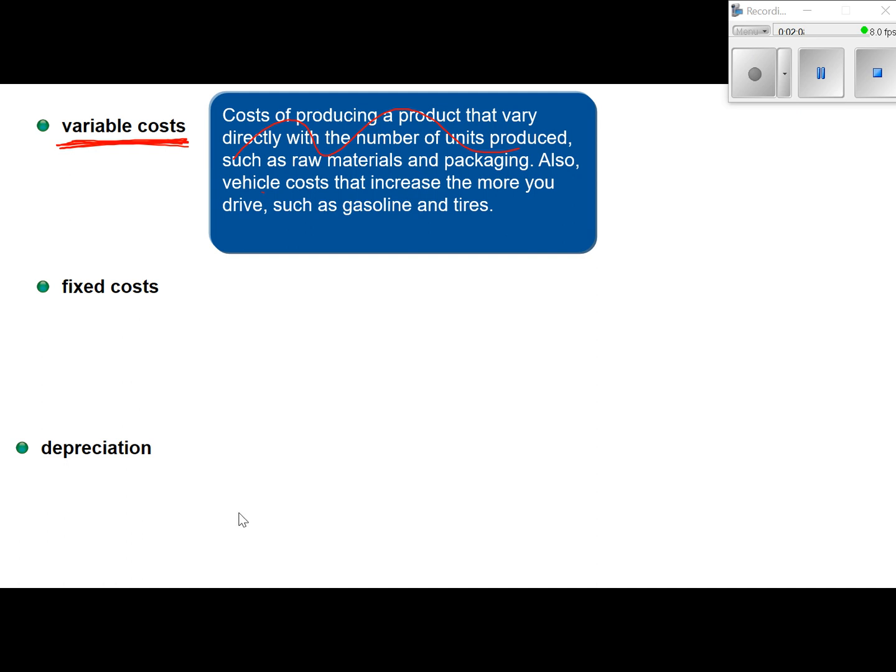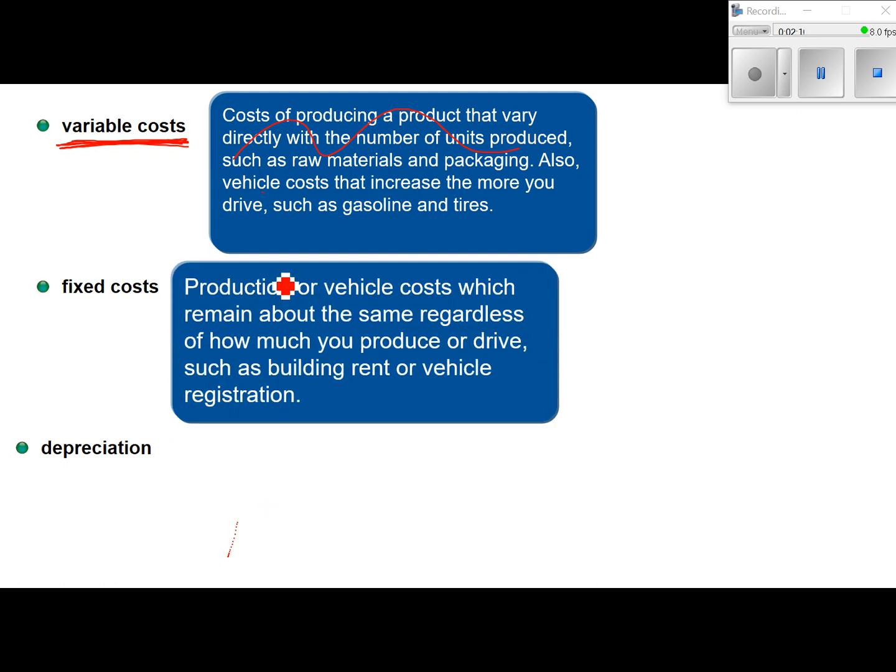Fixed cost, production or vehicle cost, which remain about the same regardless of how much you produce or drive. Things that fit here, vehicle registration. It costs you about the same to get your license or your tags for your car each year, so that stays about the same.